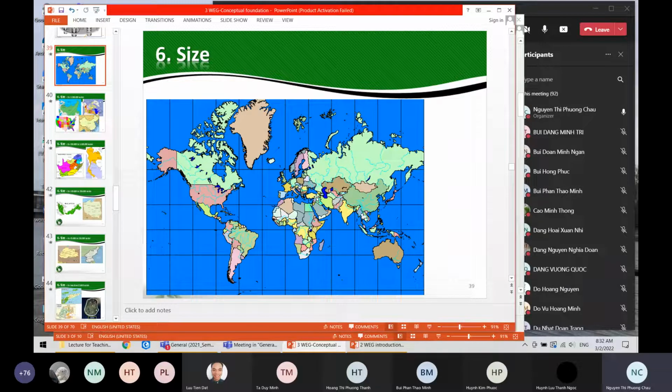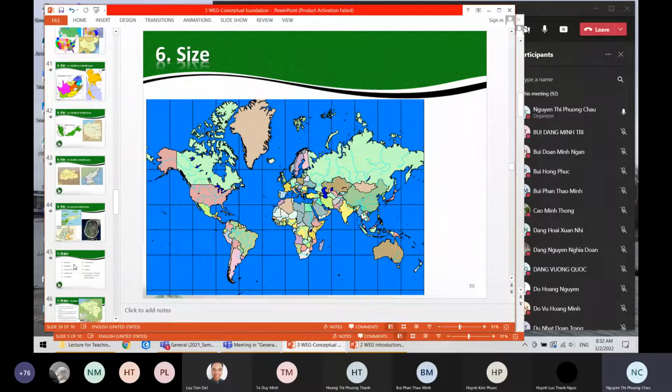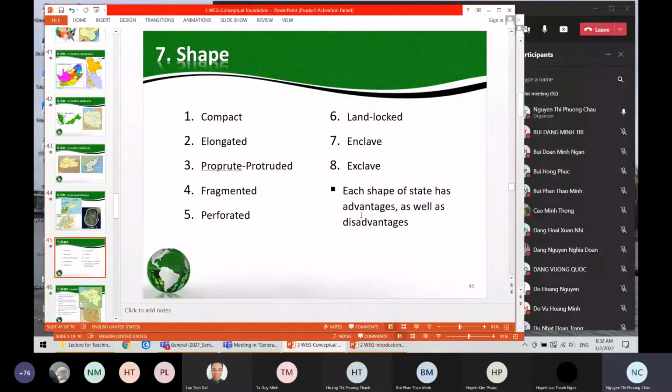The world classifies nations into several shapes, and the shape tells us some important information. There are 8 types of shape of nation: compact, elongate, protrude, fragment, perforate, landlocked, enclave, and exclave.